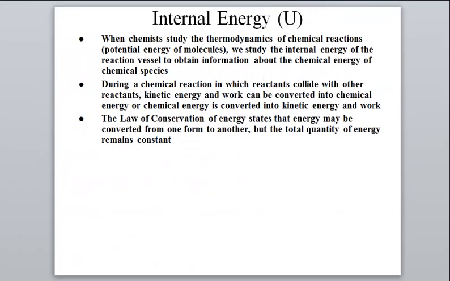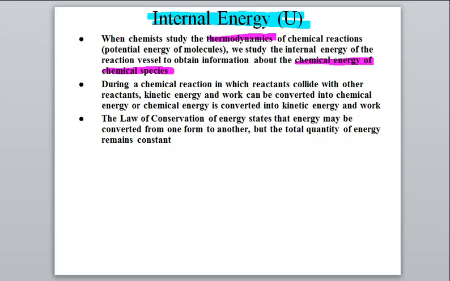When chemists study the energy of a chemical reaction, again, we study the internal energy. What's the energy of the reactants and products? That's our system. Often studying the energy of a chemical reaction, so that's thermodynamics, a goal of the study is to look at the chemical energy of the species that are involved in the reaction, so the reactants and products.